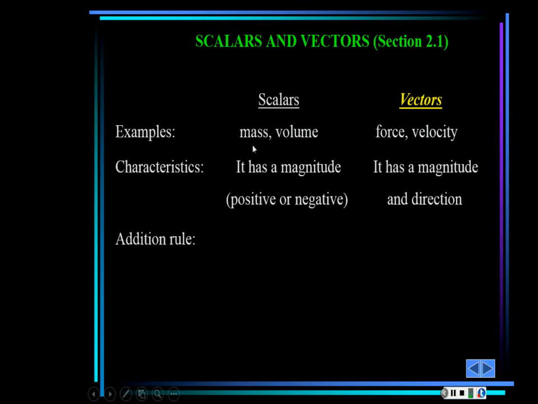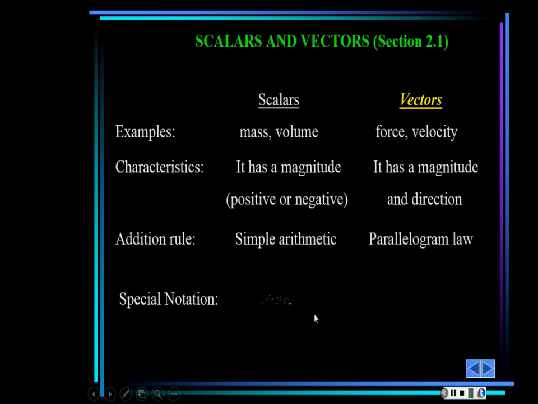Addition rule: how do you add scalars? With the calculator. Yes, good, very good, you're smart. How do you add scalars? Come on. Arithmetic, that's it. How do you add vectors? With difficulty? I know. You add vectors by using the parallelogram law, for example.